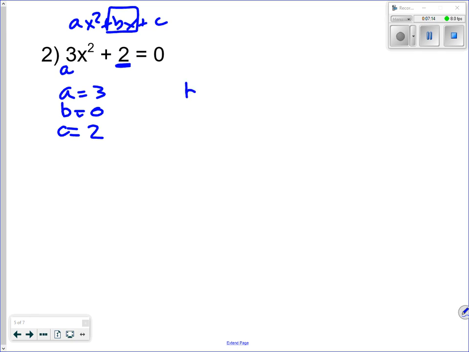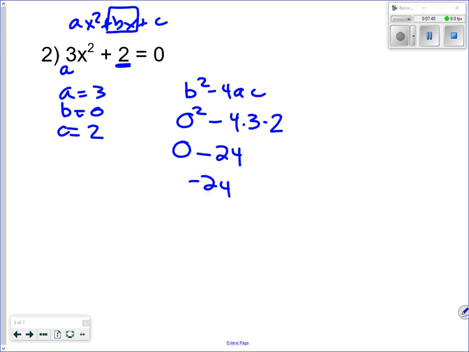So now when we do b squared minus 4ac, your b number is 0. 0 squared minus 4 times a number is 3 times c number 2. 0 minus 4 times 3, 12. 12 times 2, 24. 0 minus 24, negative 24.